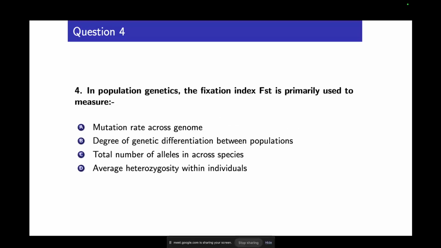Yeah, FST is something that we have not discussed, but FST is very, very, very important in population genetics.